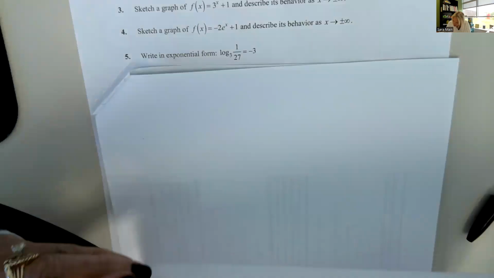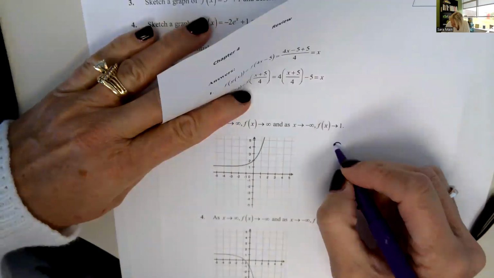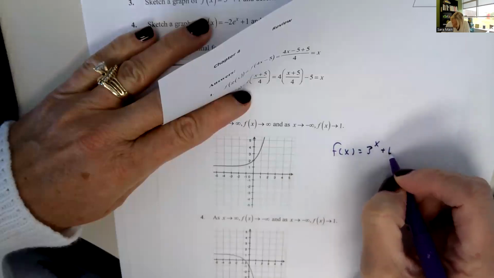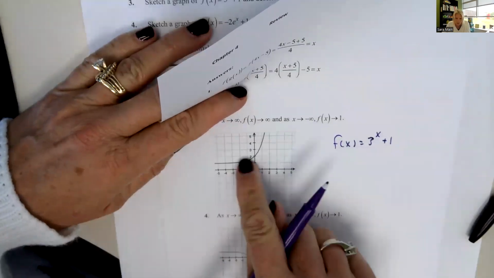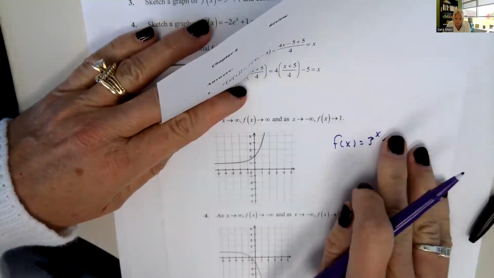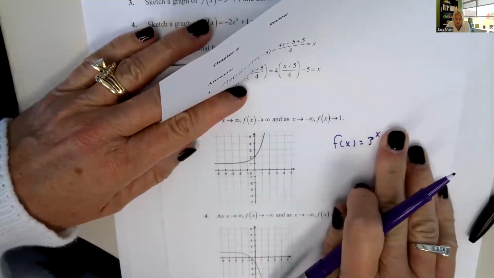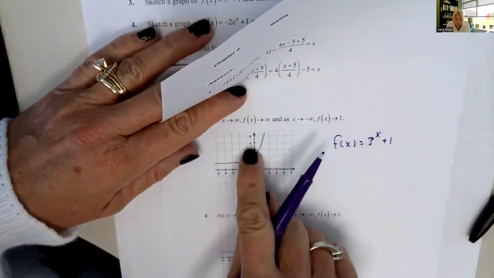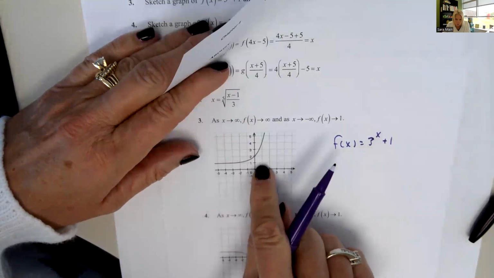So because this function is an increasing function, we know it's going to be increasing in a general picture. And the regular exponential function has an asymptote at 0, but because afterward we're adding 1, we're shifting that up. And so our asymptote is at 1.